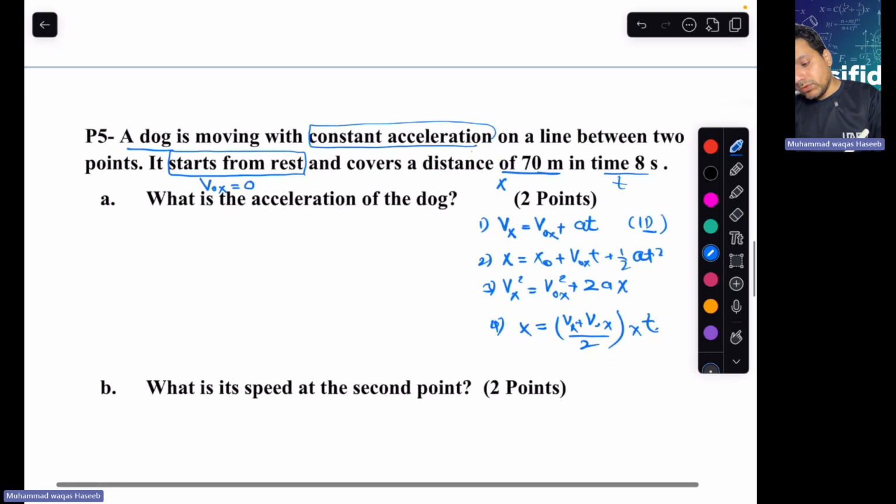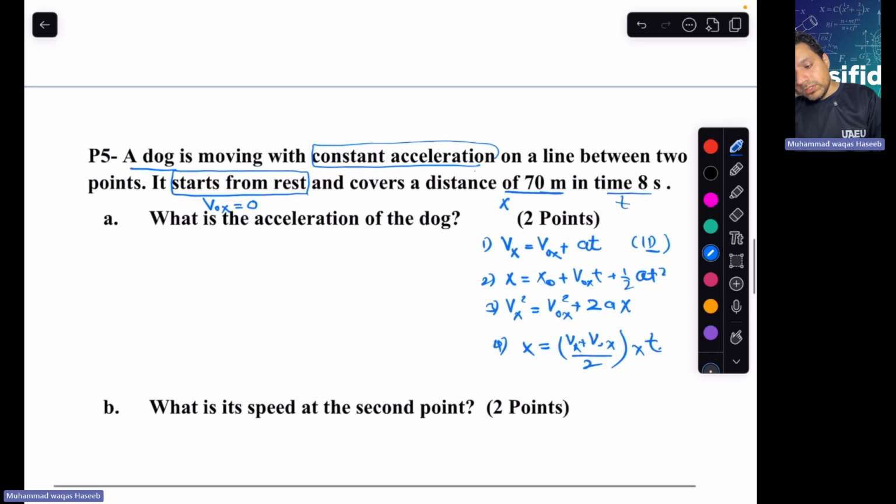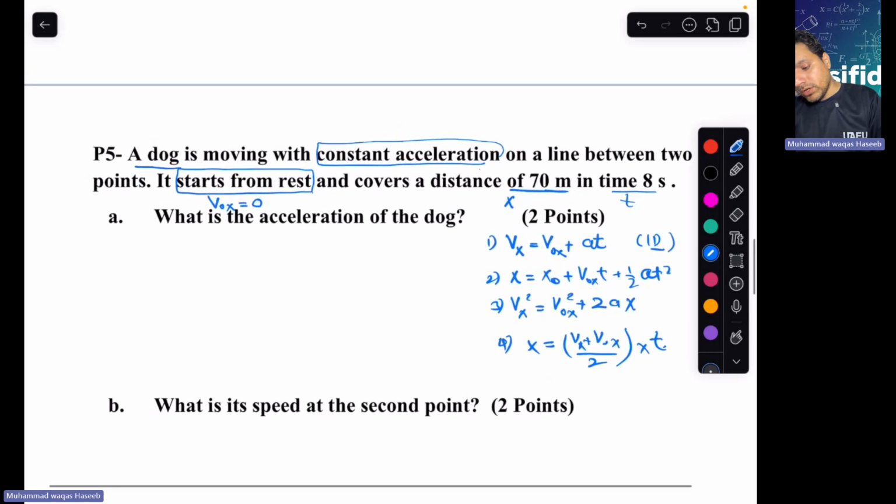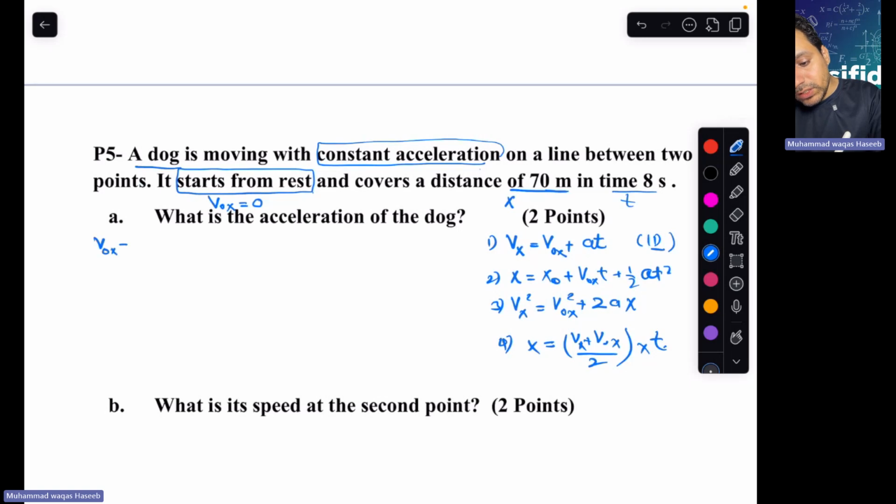So this is x, in time t seconds. What we have: the initial velocity along x is 0 meters per second, your total distance is 70, and your time is 8 seconds. This is given in the question.